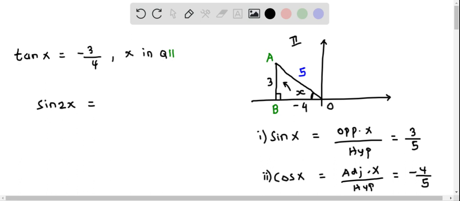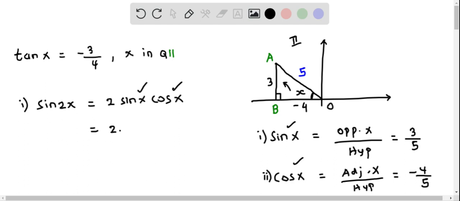First, let's find sine 2x. Here we have to use the trigonometric double angle formula, that is sine 2x equals 2 sine x times cosine x. Now we have already determined the values of sine x and cosine x. That is sine x equals 3/5.